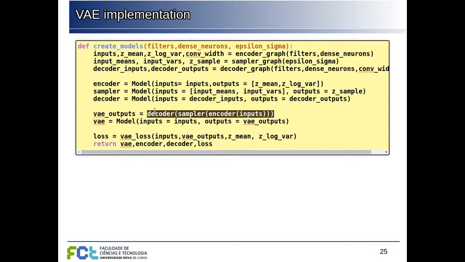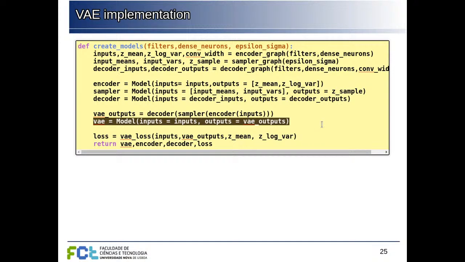So this is where we connect all of these computational graphs, and we now have a chain, a graph that goes from the inputs to the outputs of the variational autoencoder, chaining together all of these different models. So this is one example of how you can do this. You can break down your network into sub models and then chain them together. As long as the number of tensors in the input and the output match, you can do this.